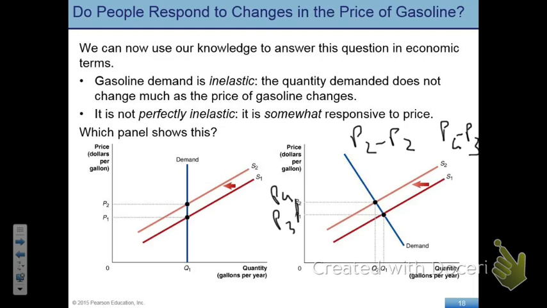Do you remember that? There is no tax here, right? There is no tax here. But there is a similar kind of leftward shift of the supply curve. So this could be similar to a tax imposed on the seller. Do you all remember that?